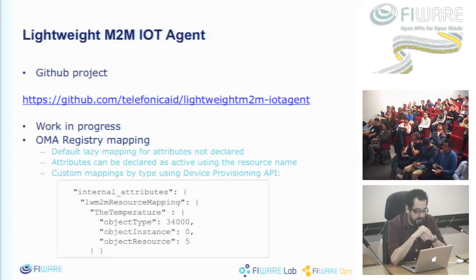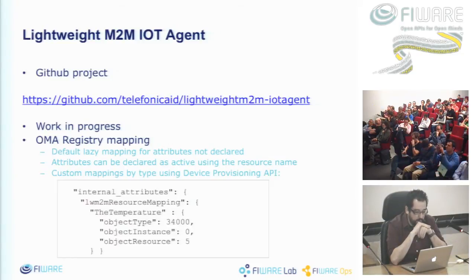This IoT agent, as all the IoT agents to this time, is a work in progress. We are actively developing the IoT agents, so please be patient if you find any bug. Just file it as an issue in GitHub, and we will try to solve it as soon as possible.